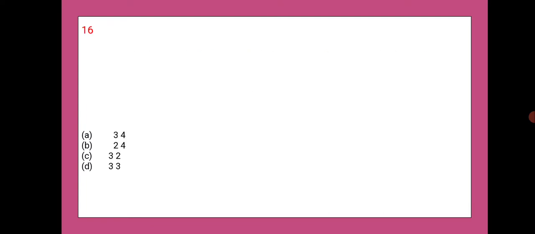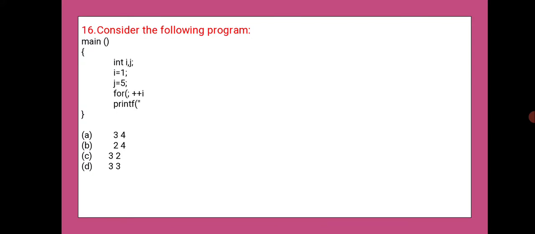Consider the following program. int i, j; for (i = 1, j = 5; ++i < --j;) continue; printf %d i comma j.